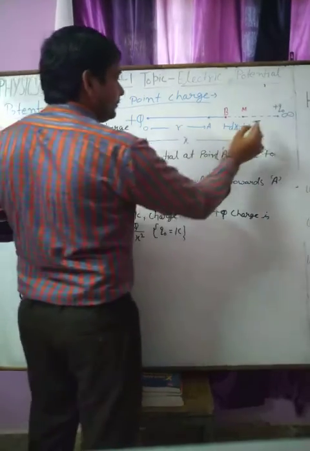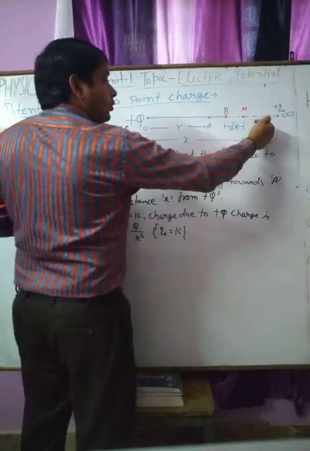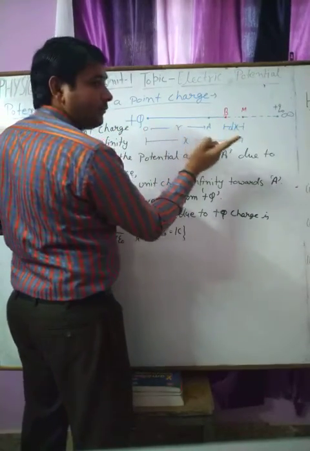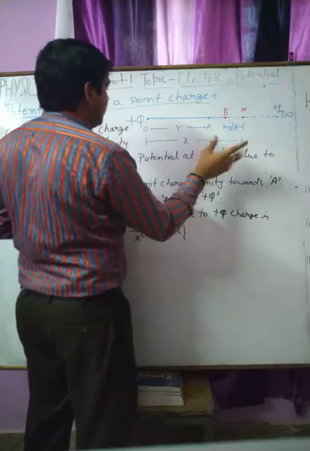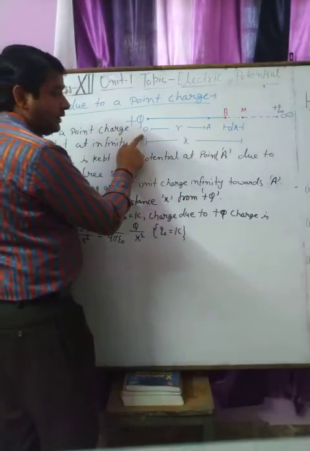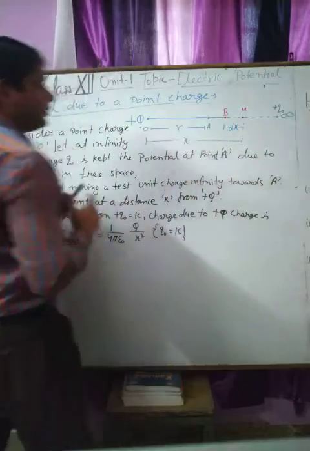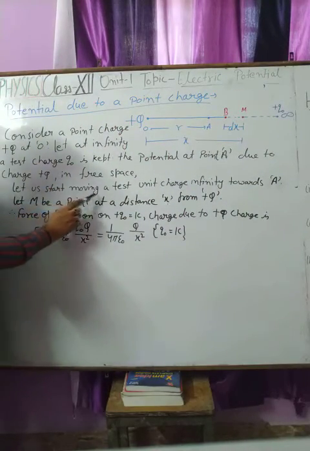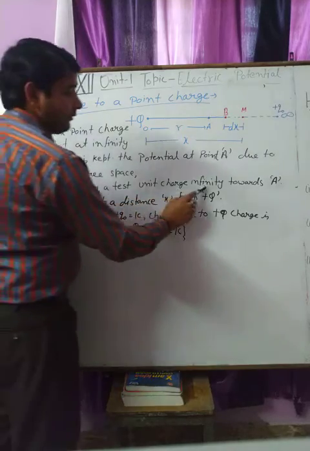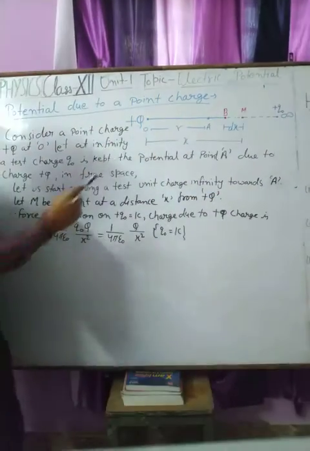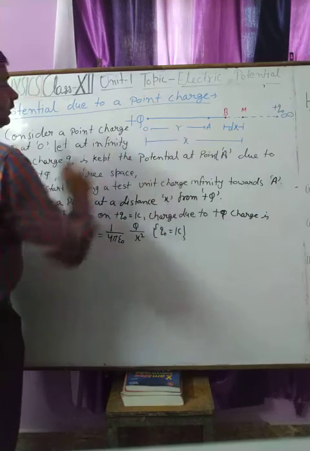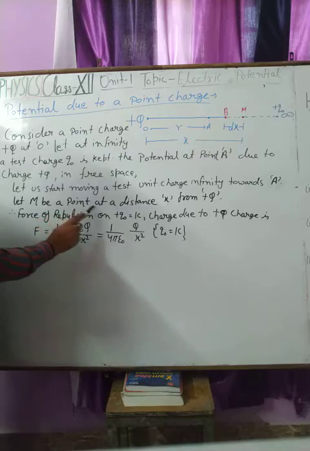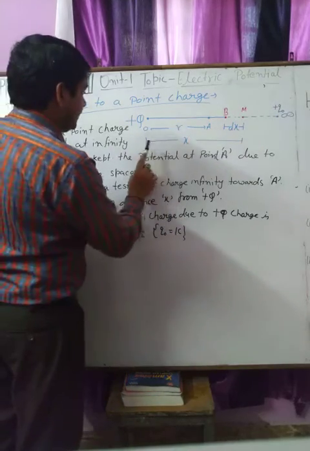Therefore we do some work against the electrostatic force applied by the point charge on this test charge. Now let us start moving a unit test charge from infinity towards point A, which is at r distance from charge q. Now let M be a point at a distance x from charge q.